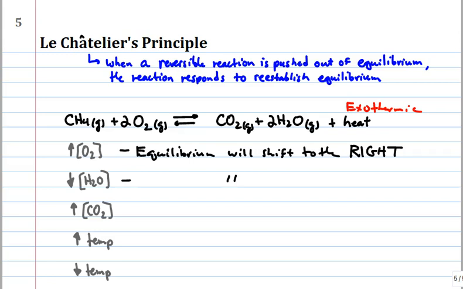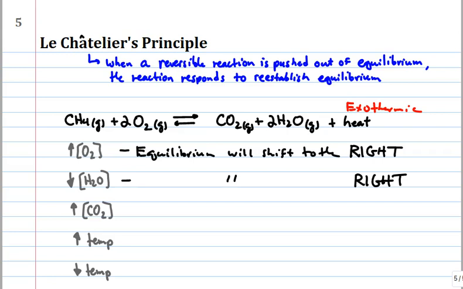How do you make more water? You better shift the equilibrium to the right. Notice I added something first. Now on the second thing I've done, I've taken away water. You can add something or you can take something away.